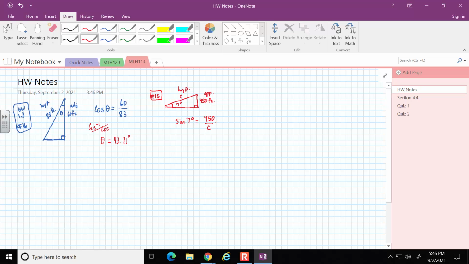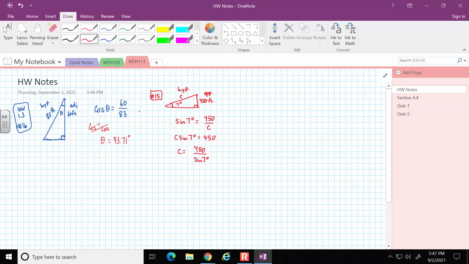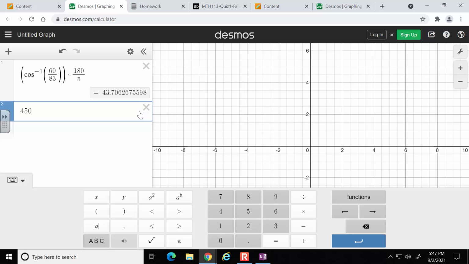And you could go through the process of solving this out for C. If I multiply both sides by C, C times the sine of 7 degrees equals 450. And then you divide both sides by the sine of 7 degrees. So you really get C equals 450 divided by the sine of 7 degrees. And let's calculate that. I'm going to say 450 divided by sine.